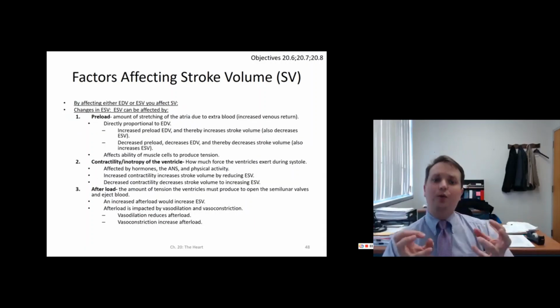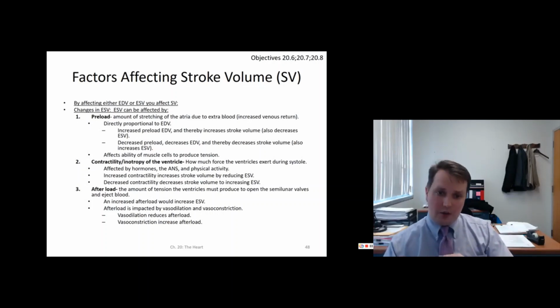And that is proportional to EDV. If we increase the preload, increased preload and EDV, stroke volume goes up, but ESV goes down. If you decrease the preload, you decrease EDV, and you decrease the stroke volume, but ESV goes up.